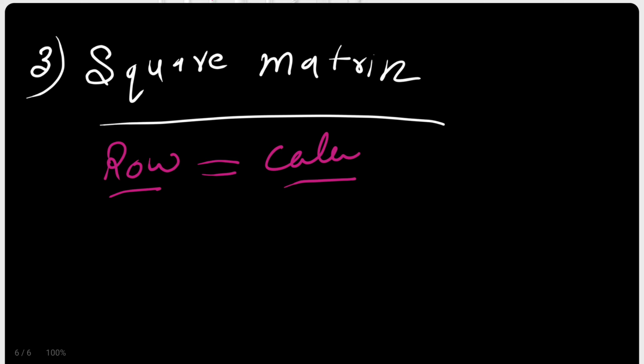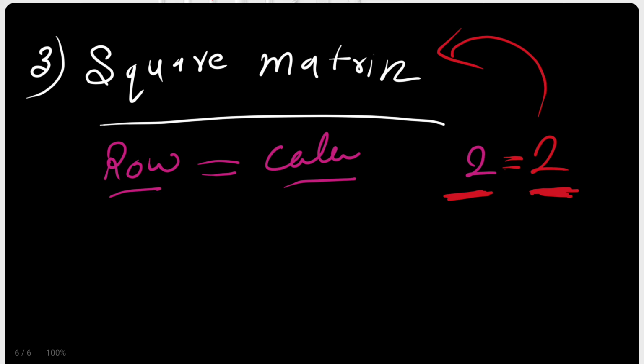If it has two rows, then definitely it has two columns. If it has two rows and two columns, and both are equal, then it is our square matrix.